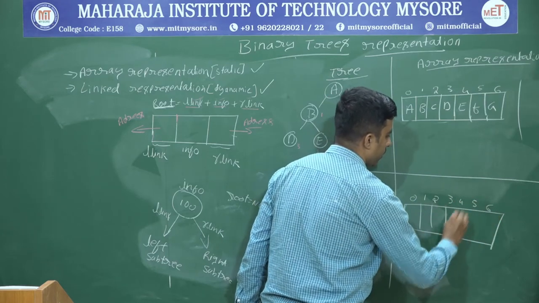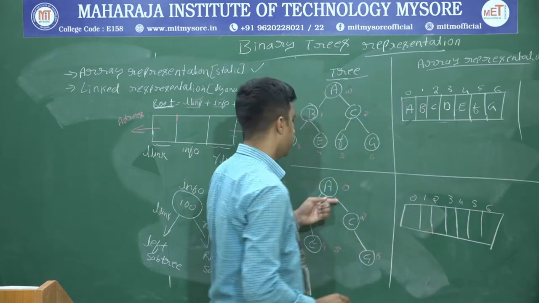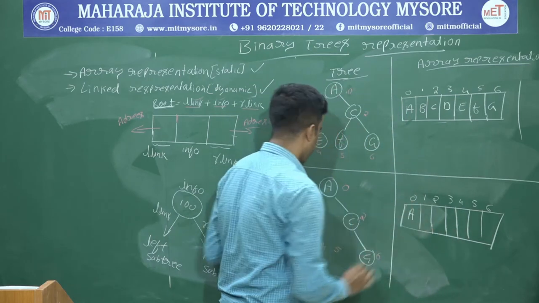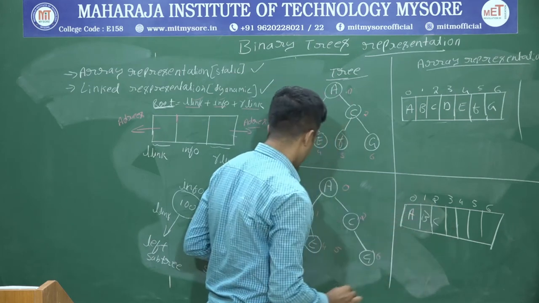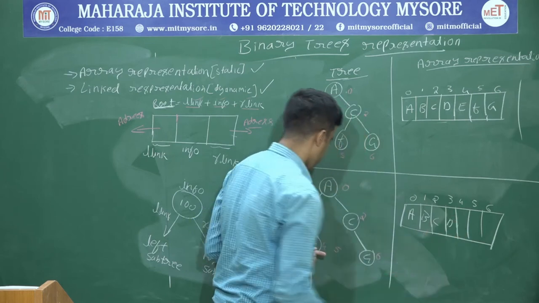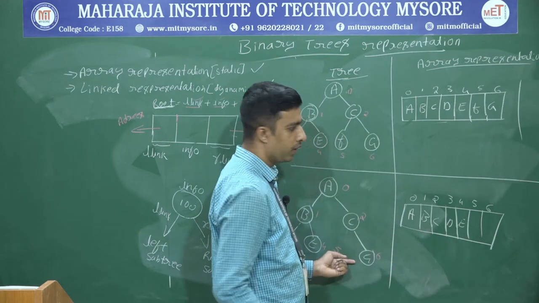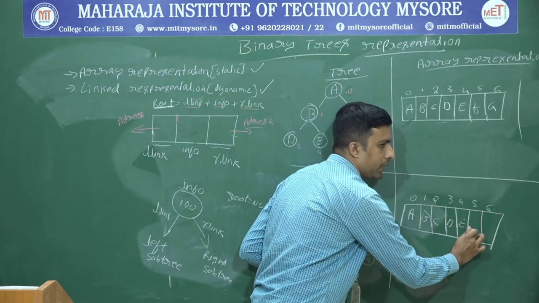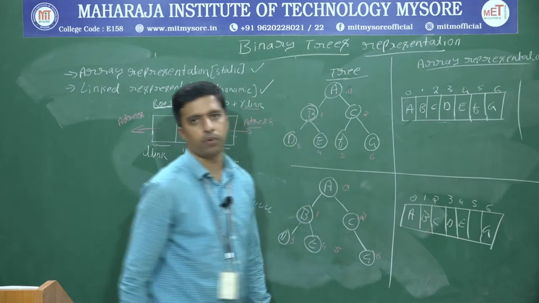See, 0th is A, the root, 1 is B, 2 is C, 3 is D, 4th is E. Here F is missing, so leave that space empty and continue with the remaining components.